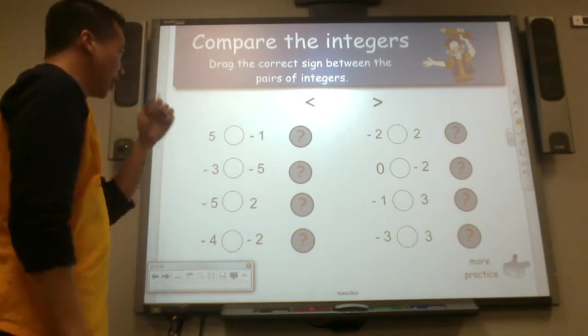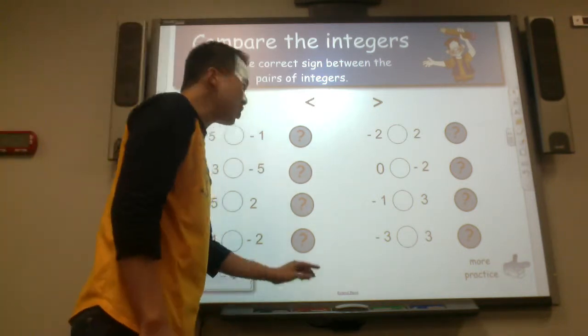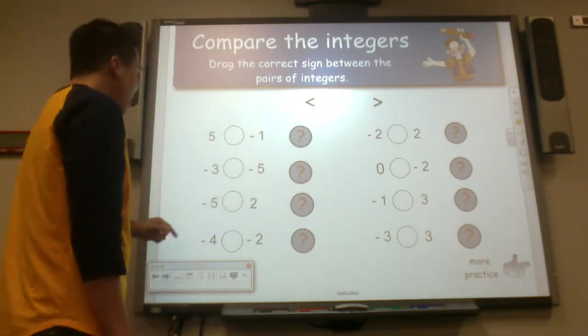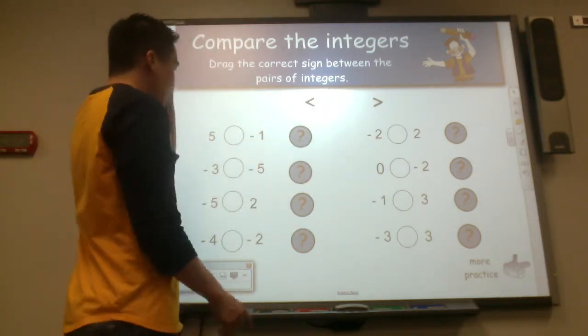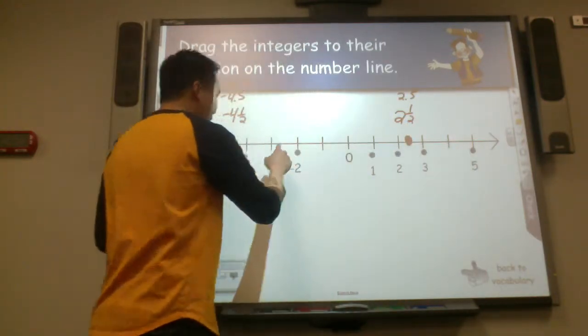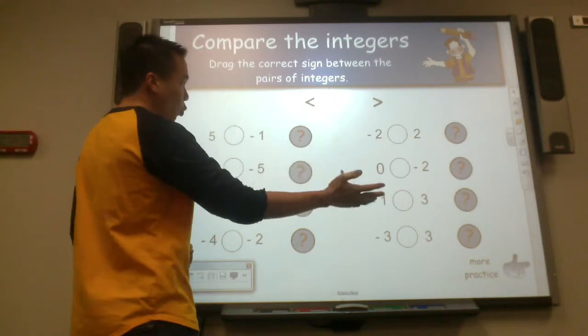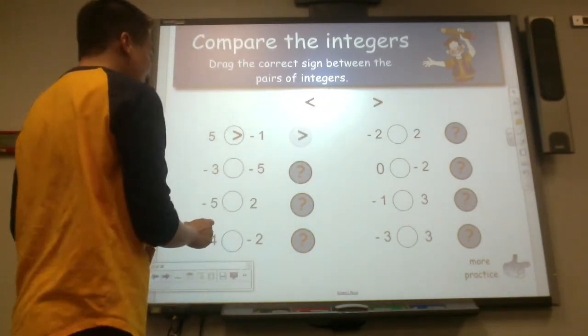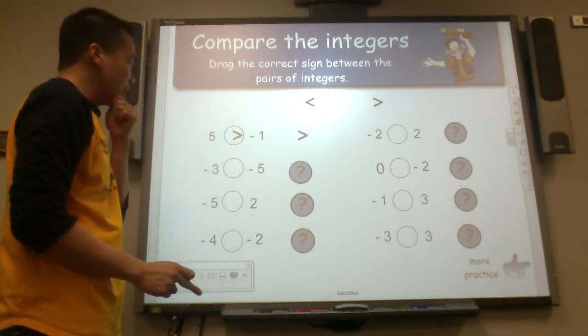Looking at the number line, can you tell me which inequality symbol we'll use? Less than or greater than? Let's say 5 was positive. So let's look at it again. 5 is greater than negative 1. Remember, greater is to the right on a number line. So read this one. Negative 3 or negative 5?